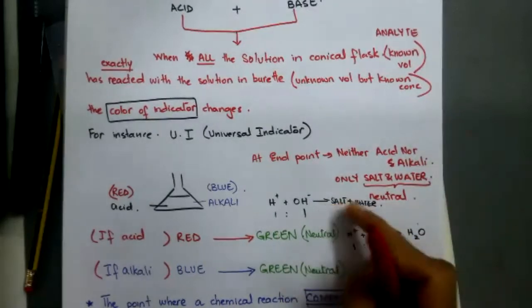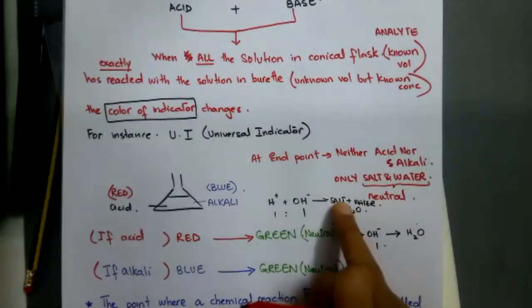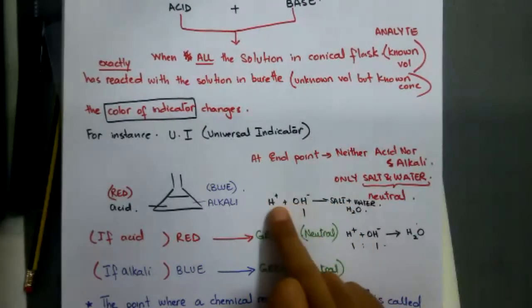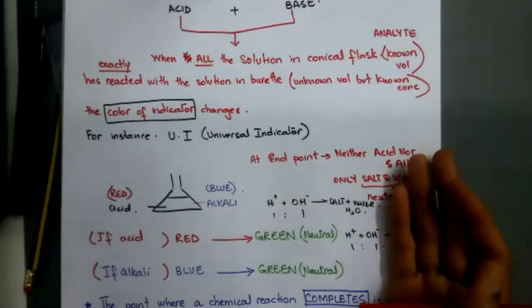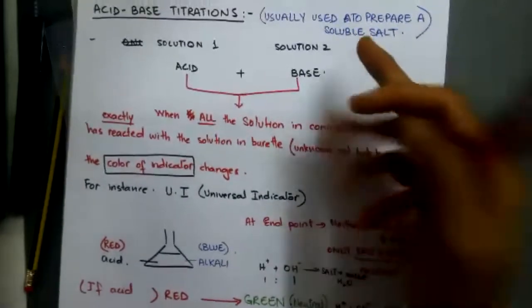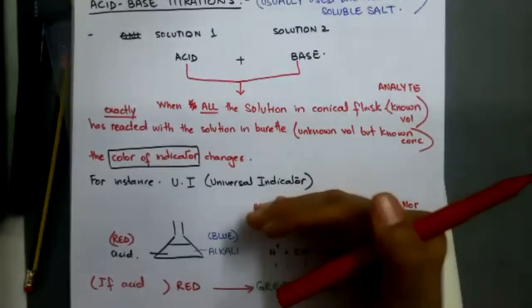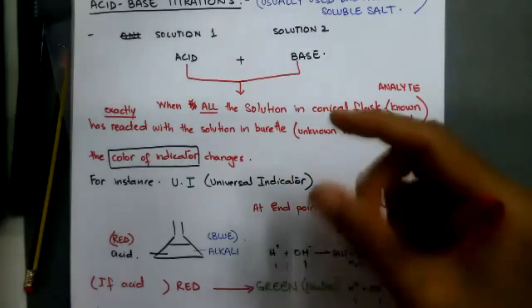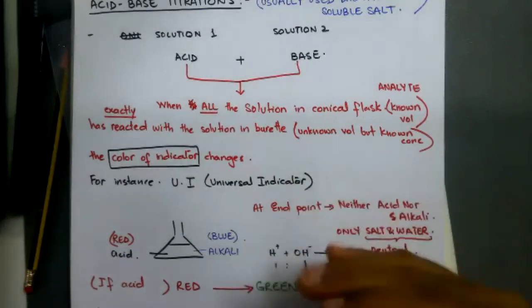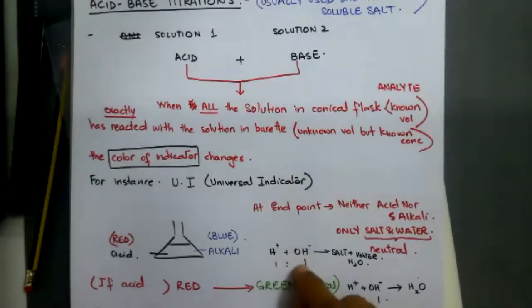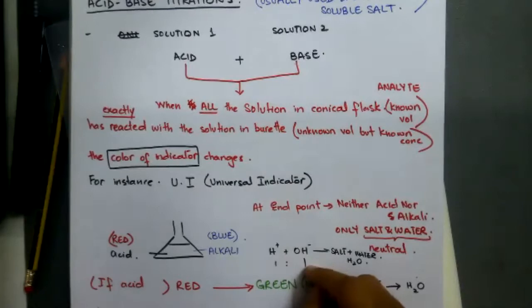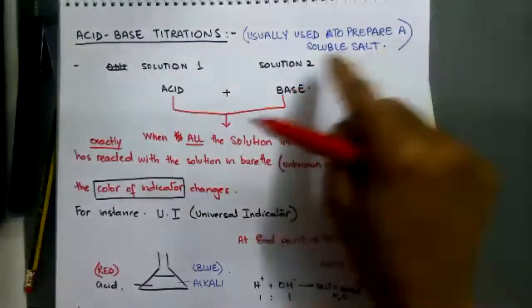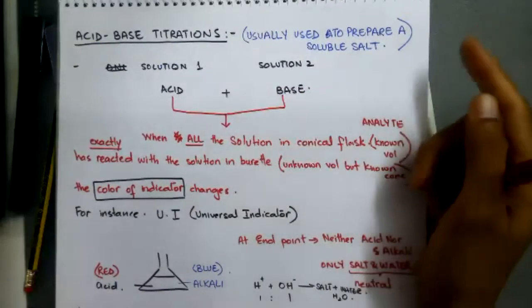But the problem arises when the salt is soluble. It can be dissolved in leftover reactants and we wouldn't be knowing. Therefore, we use titration, because we use indicators and we add with the help of a burette drop by drop. So all these are precautions to make sure that no excess reactant is left over. So that is why we use this particular titration technique to prepare a soluble salt, right?